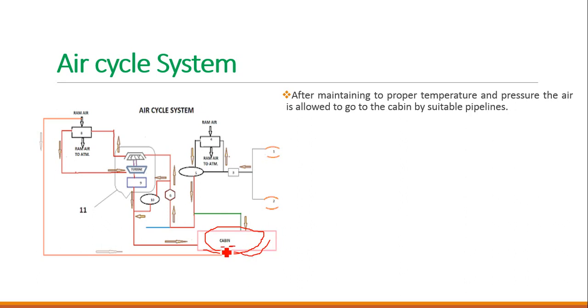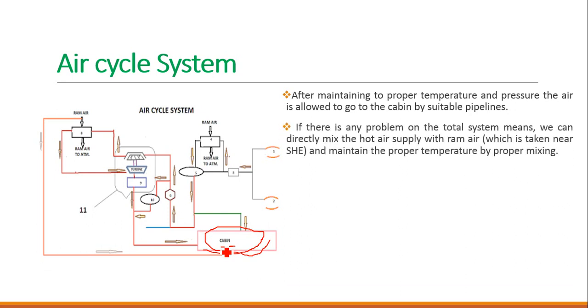Okay. So after maintaining a proper temperature and pressure, the air is allowed to go to the cabin by suitable pipelines. So by using some pipelines, the air will be passed from the refrigeration unit to the cabin.